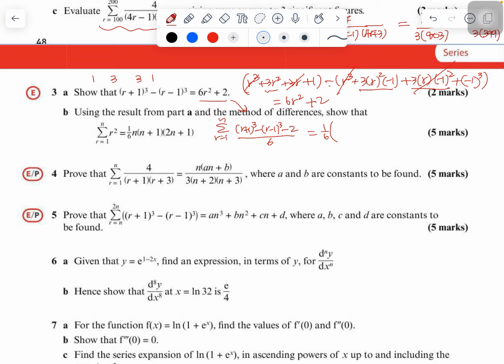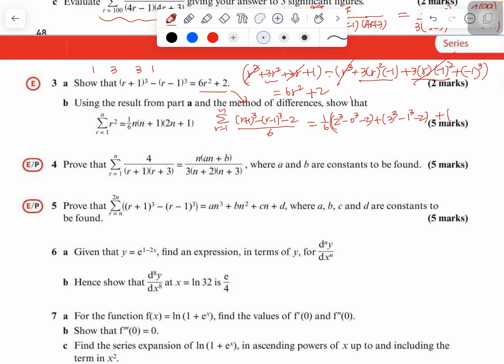So when r equals 1, 2 cubed, 0 cubed, minus 2, plus r equals 2, 3 cubed, 1 cubed, minus 2, plus, what is that?